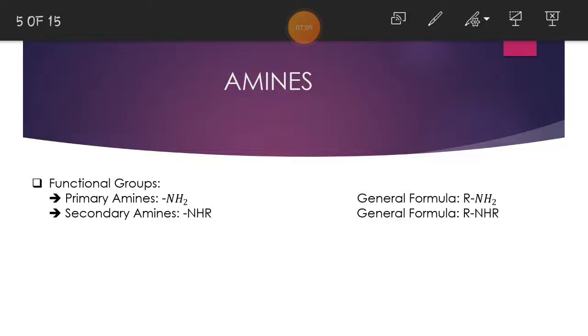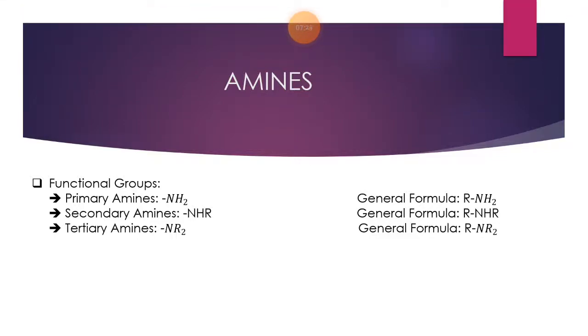Now here R is representing an alkyl group. In the tertiary amine, the functional group is NR2 and the general formula for the tertiary amine is RNR2. So let's discuss them one by one so that you can clearly recognize or understand these types of amines.